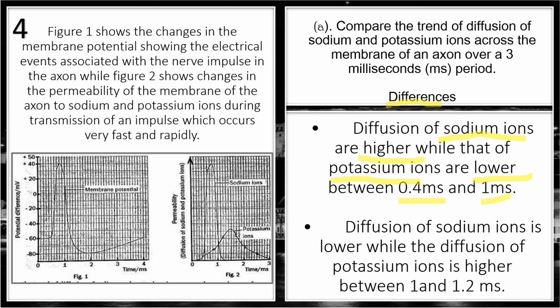So when you look between 0.4 milliseconds around here and 1.2 around here, the sodium ions are higher, and the potassium ions, you can see that during that period they are lower.